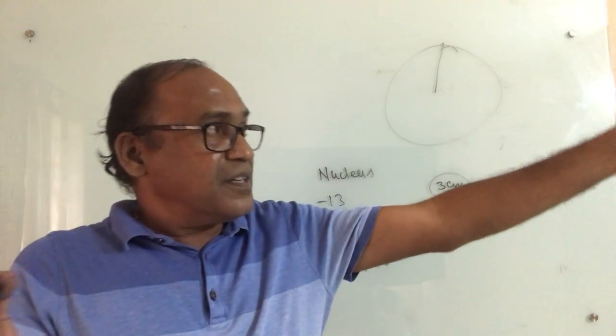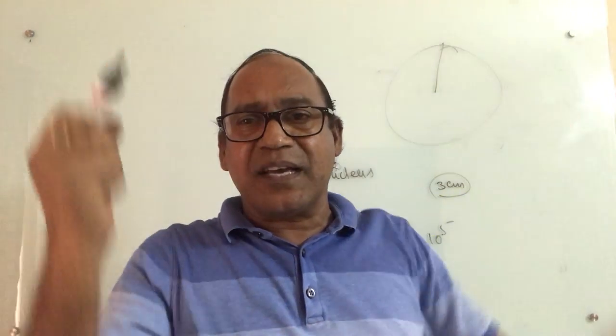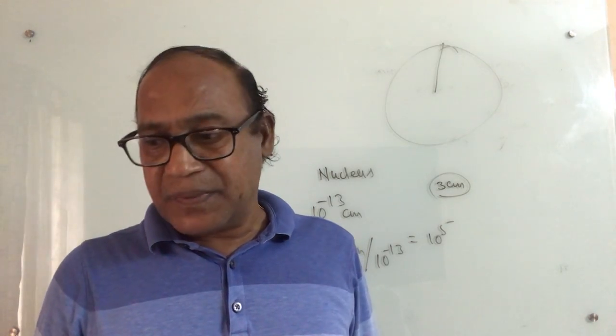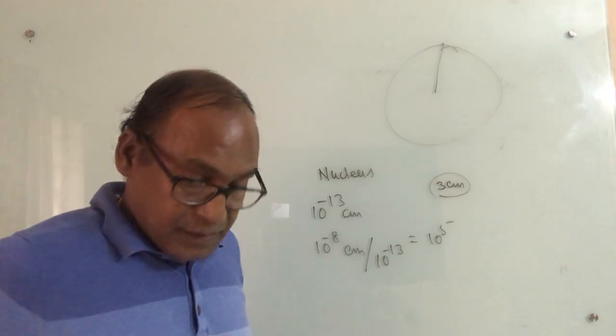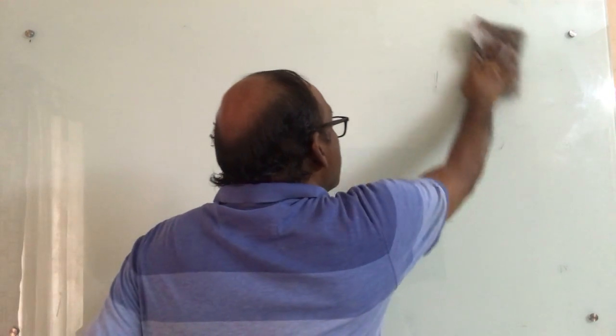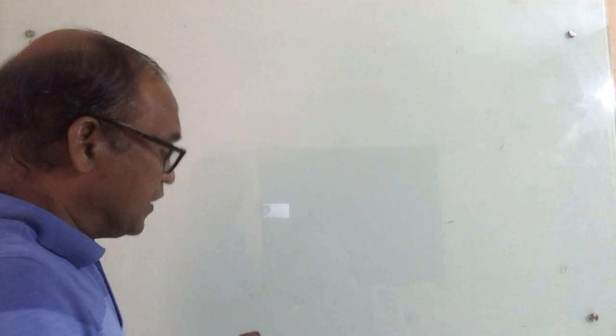In between this fist and the boundary, a number of alpha particles can pass without any deviation. In that way it is justified that the entire mass of the atom is concentrated at one part, the densest part. This is the first nuclear model, Rutherford's atomic model.